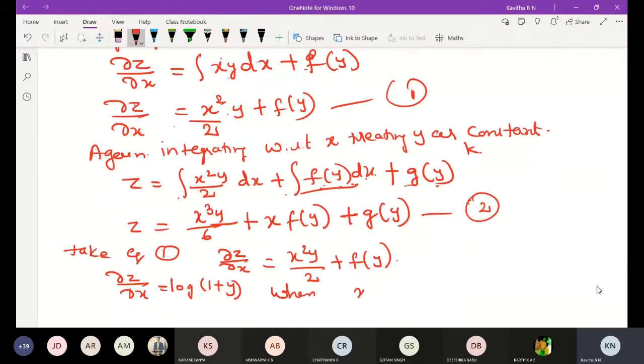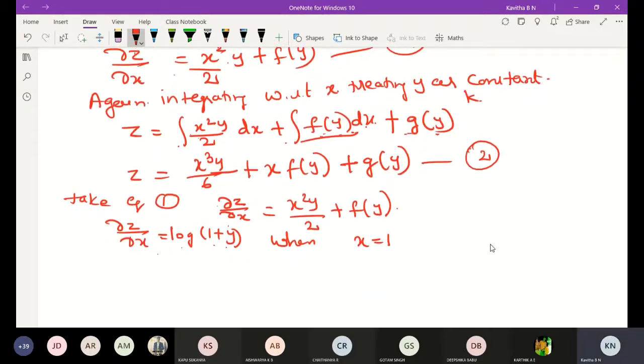Okay, apply the condition here. Del z by del x is log of 1 plus y is equal to, in place of x, substitute 1, into y by 2 plus f of y.